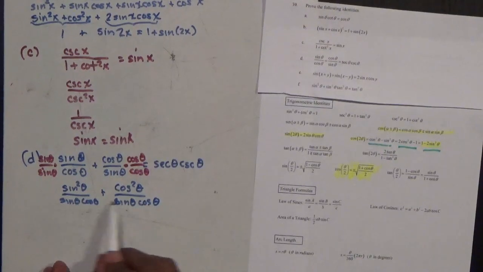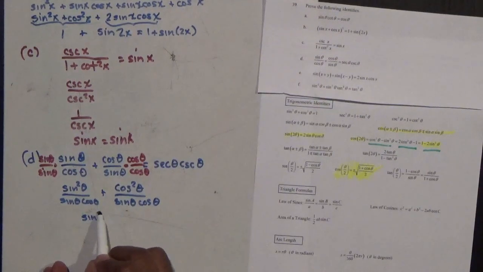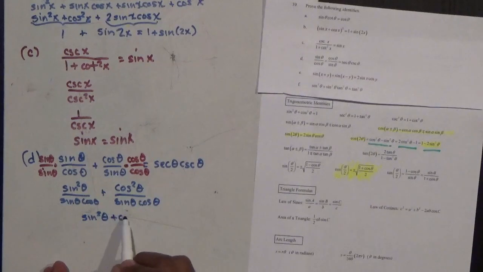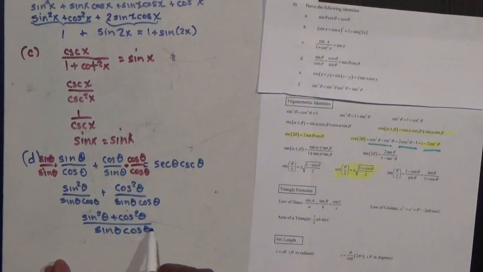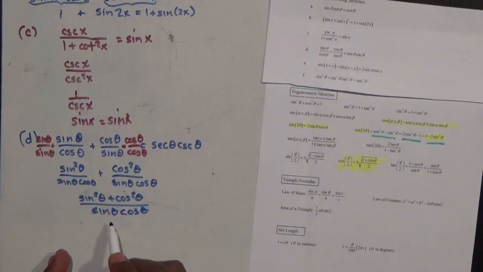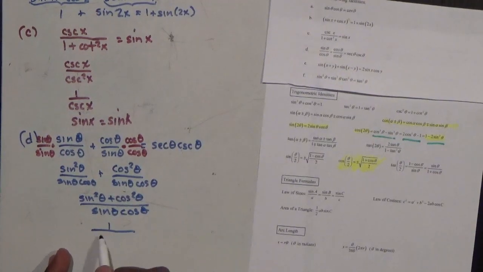Now I can bring them together. That's sine squared theta plus cosine squared theta, which means we're going to use the Pythagorean identity to get, you guessed it, 1 in the numerator, over sine theta cosine theta.